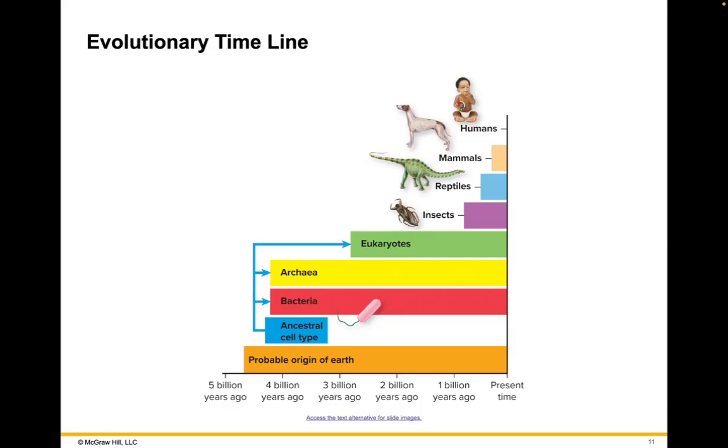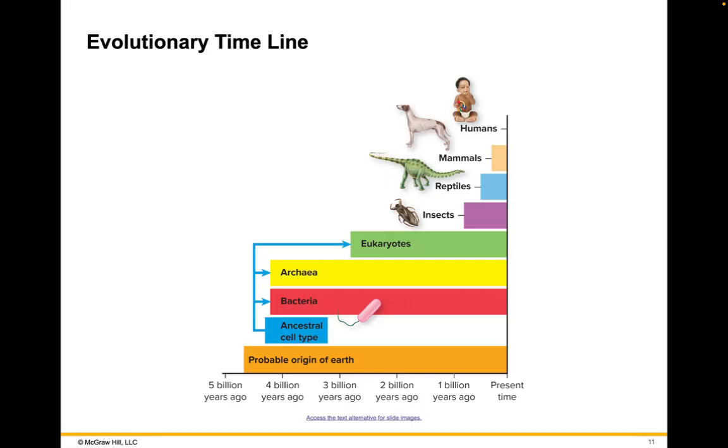So here's a kind of a timeline that scientists have estimated the arrival of these different cells and organisms. Between 4 and 5 billion years ago, we think the Earth was created, and some pre-cellular structure was here not long after that, which gave rise to different types of organisms: bacteria and archaea.